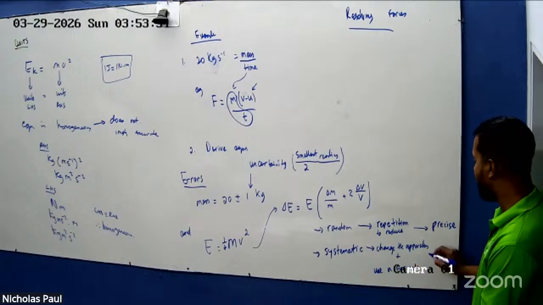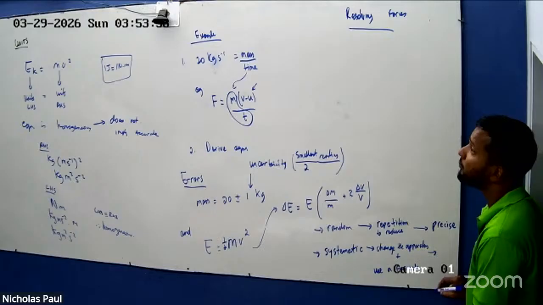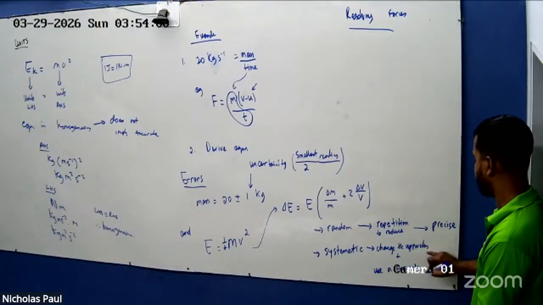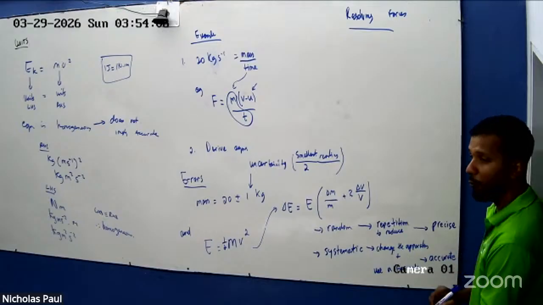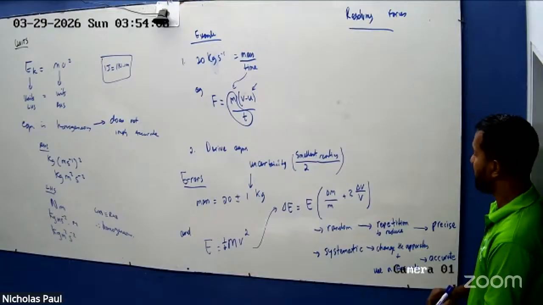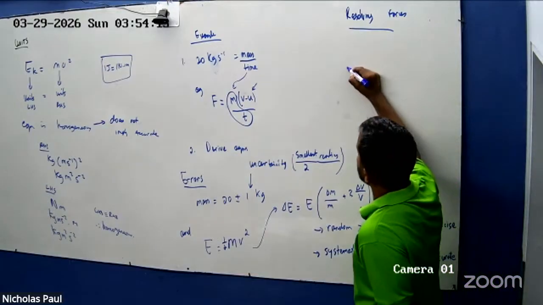If we have small systematic errors, we make it accurate. Okay.